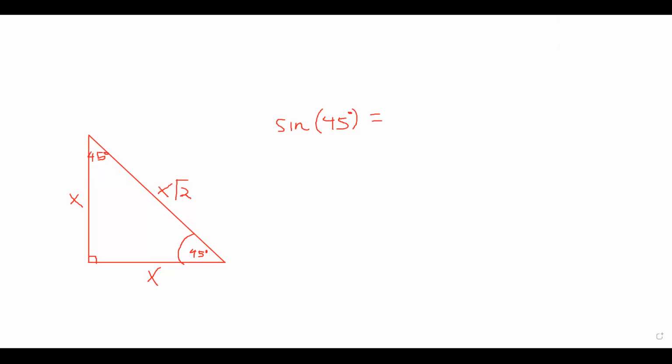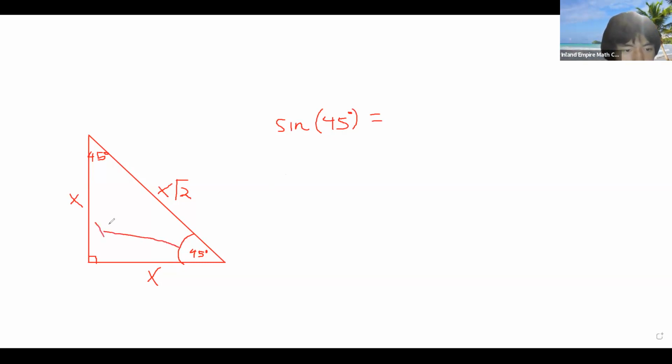Is it 90? Not quite, because again, we're talking about the opposite side length. So if 45 is the angle here, you go directly opposite, and that gives you a side length of x. So that's the opposite side, and when you put it over the hypotenuse, you put it over x root 2. So you would have x over x root 2, which is equal to 1 over root 2.